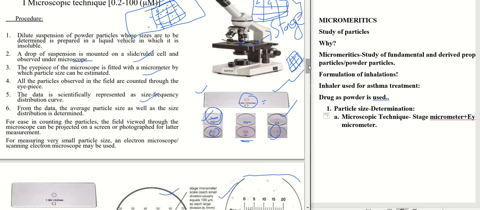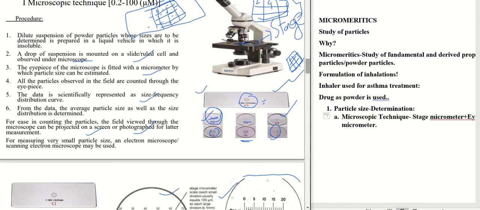Now this is a bit tedious. To avoid such errors in counting the particles, because when we are viewing the microscope and at the same time noting down the observations in parallel, it'll be a little bit difficult, the microscope image can be projected onto a screen or photographed for further measurements.